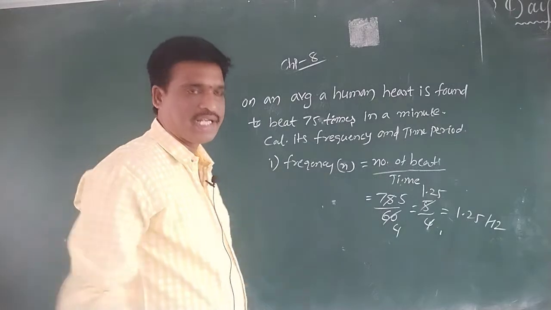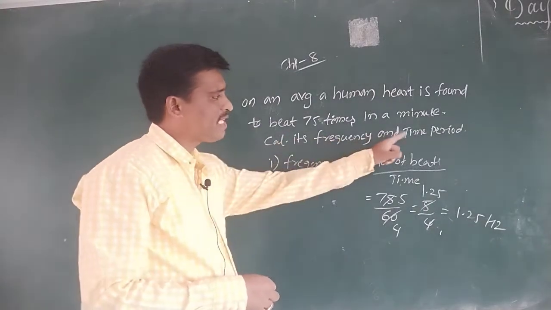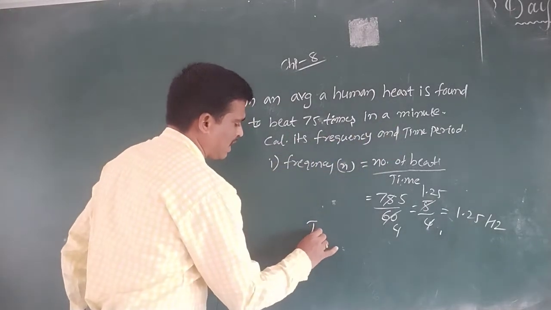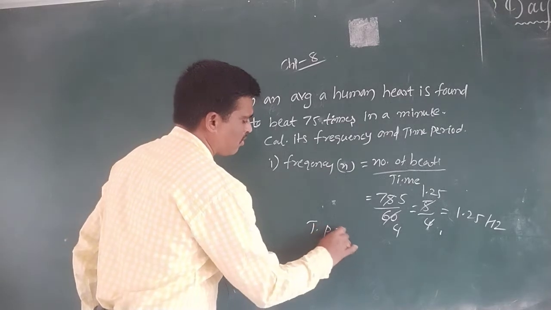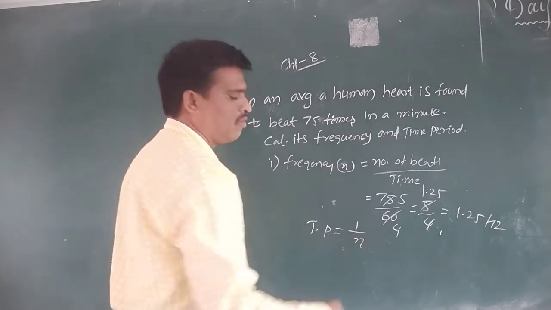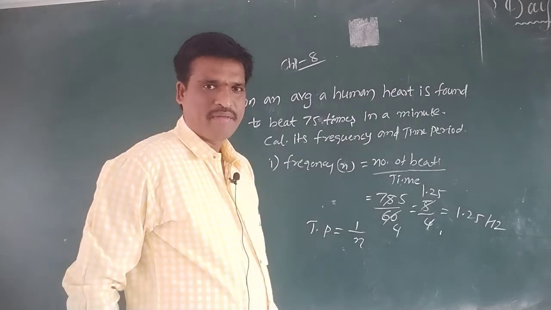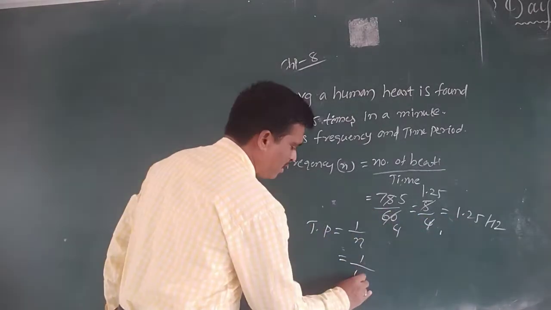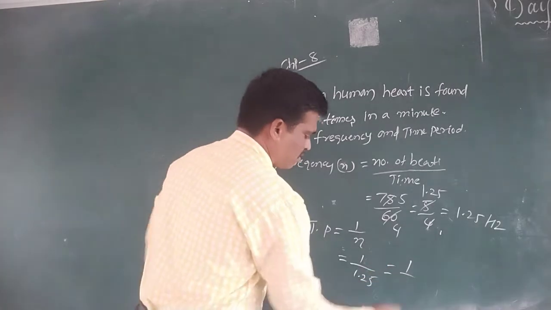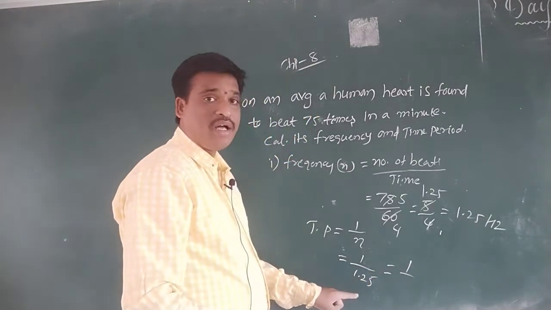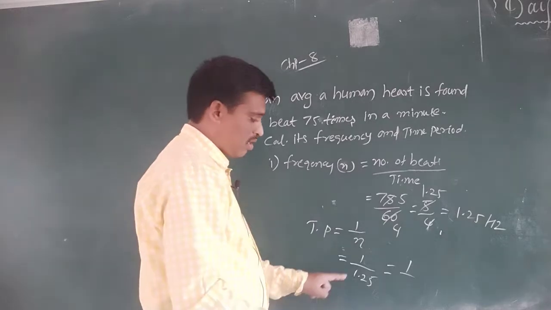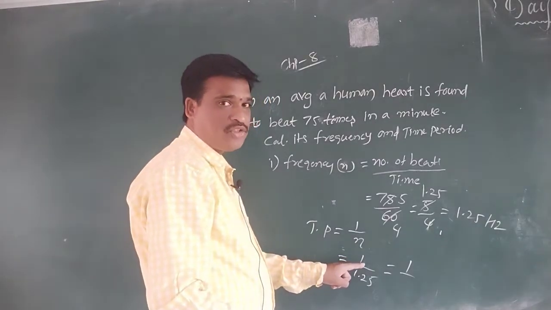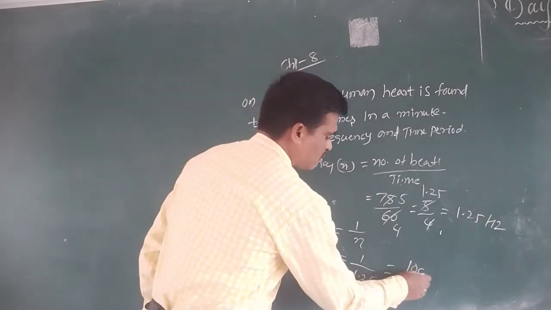Hertz. Okay. Next, which one? We find time. Time period is equal to 1 by frequency. What is the frequency? 1.25. To remove the decimal, in the numerator how many zeros are taken? 2 zeros.